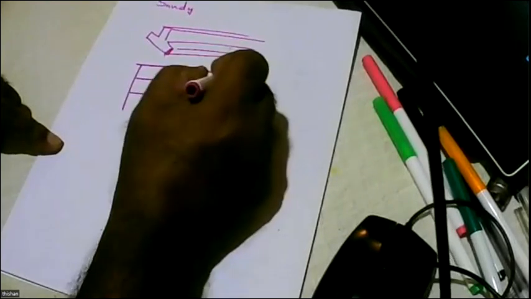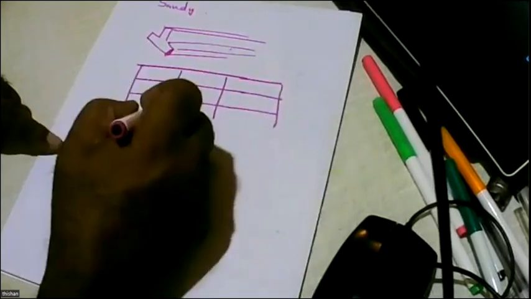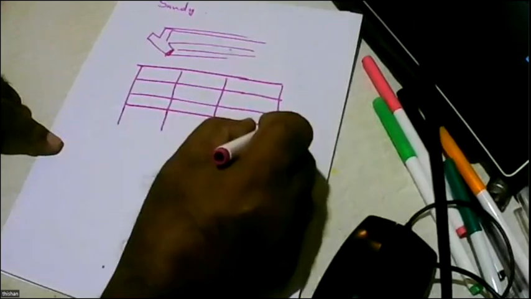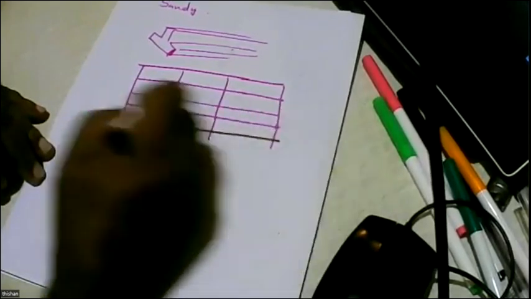So let's say we have a building on an inverted T-type foundation. And it's a weak soil, so we have gone for an inverted T-type foundation because it's a very efficient foundation system. So now we have a foundation.